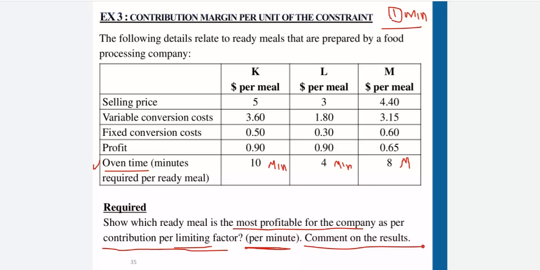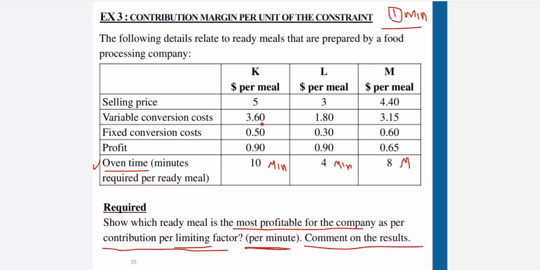What should we do? The first thing to do is to calculate what? Yes, contribution margin per unit, which is selling price minus variable cost.